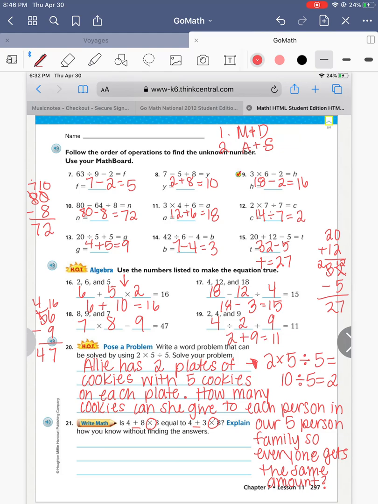What did we say up here about this problem? That I could do 6 plus 5 times 2, or I could do 6 plus 2 times 5. We could do it either way because of what property? Because of the commutative property.